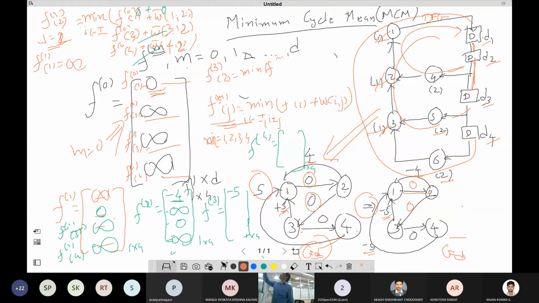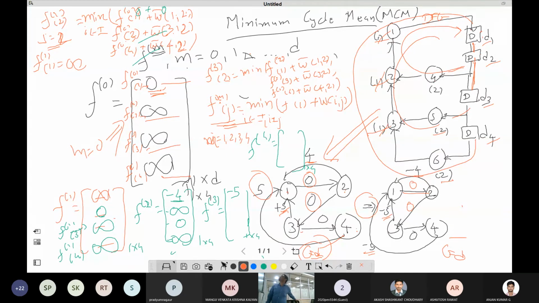f of 2 1 could be possible, plus w bar 1 2, f of 2 3 plus w bar 3 2, f of 2 4 plus w bar 4 2.